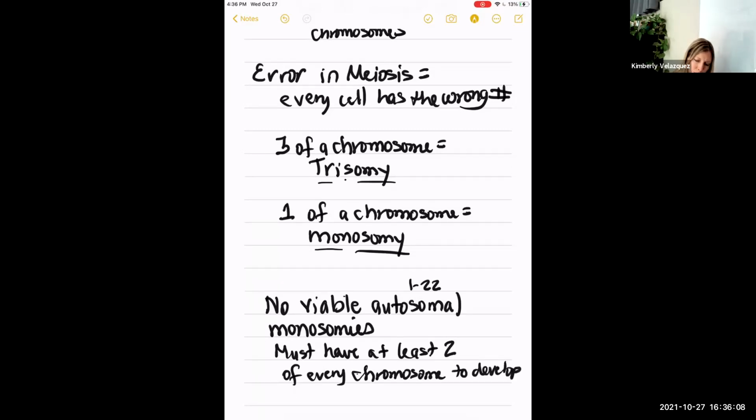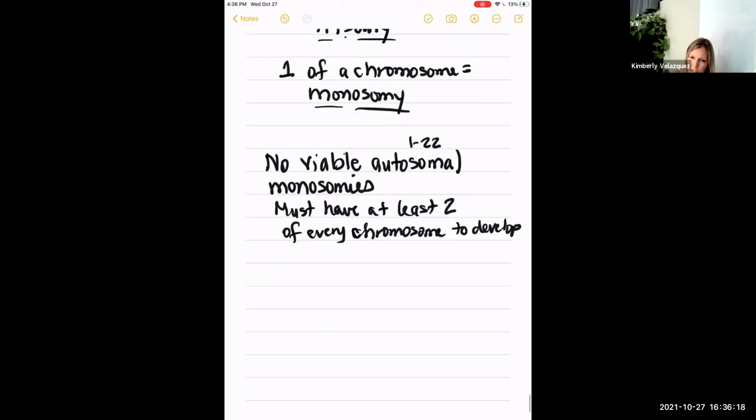There are no viable autosomal monosomies. My brain is getting tired. Autosomes are 1 through 22. So if something's called autosomal, it's referring to chromosomes 1 through 22. We'll be talking a lot about autosomal inheritance when we talk about patterns of inheritance next week.